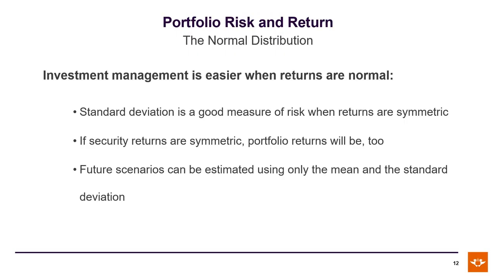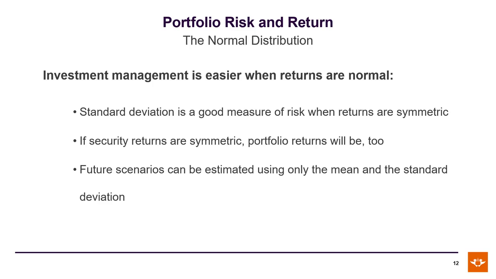When we are trying to calculate expected returns and risk for investments on which we will base investment decisions, we like to know what the underlying distribution of those returns is. And we would like that distribution normally to be the normal distribution, because the normal distribution is a very nice symmetric distribution.